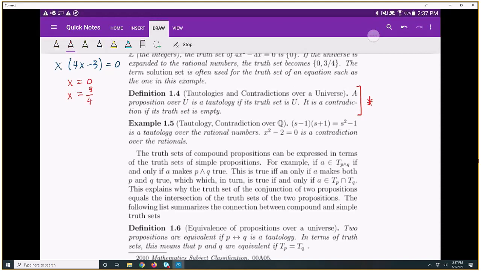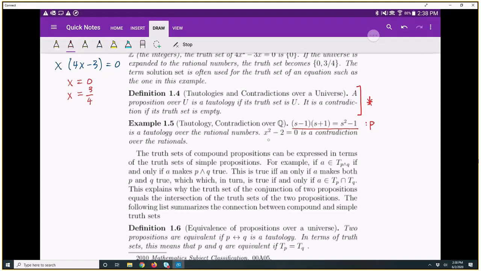So, for example, if we let our universe be the set of rational numbers, then we'll find that the proposition (s minus 1) times (s plus 1) equals s squared minus 1, if we let that be the proposition P, is a tautology over the rational numbers, because all of the rational numbers will satisfy this equation. Since its truth set is the universe, it's a tautology.